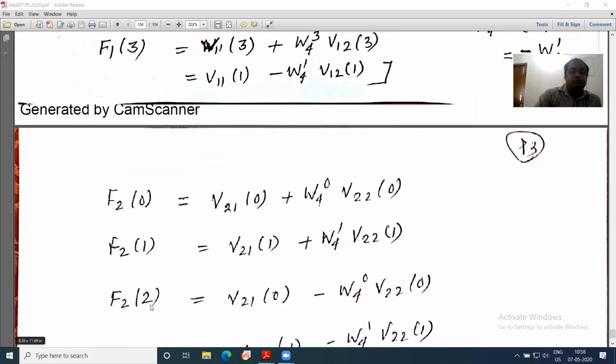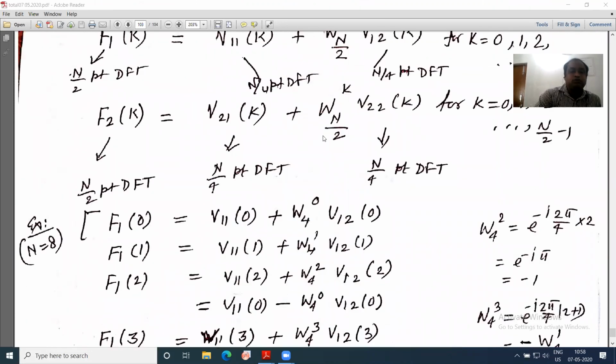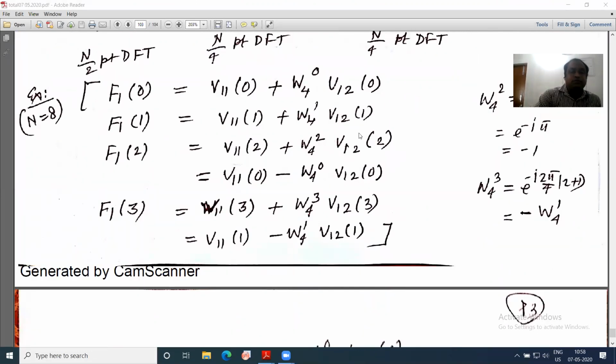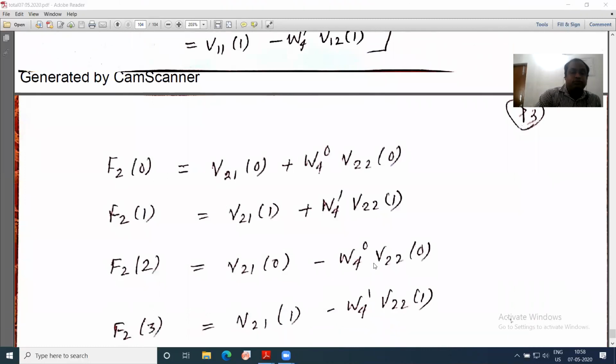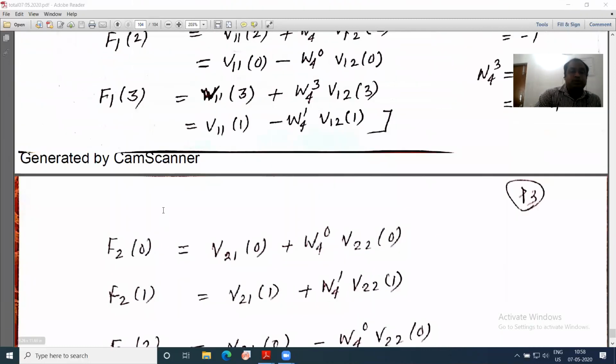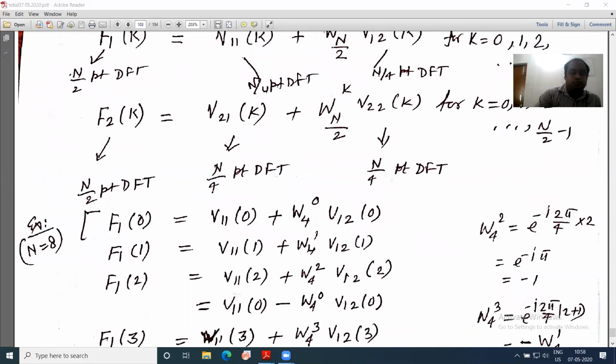Then if I write f2 of 2, this will be v21 of 2 plus W4^2 into this, and W4^2 I have said is equal to minus 1, so I have written minus W4^0.